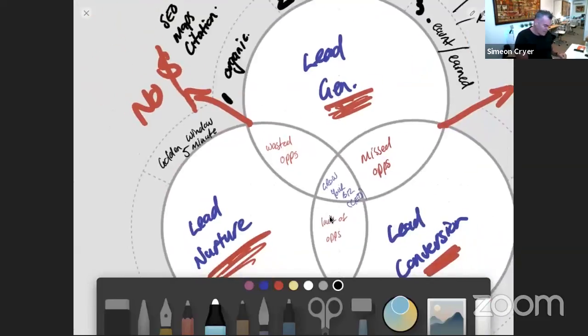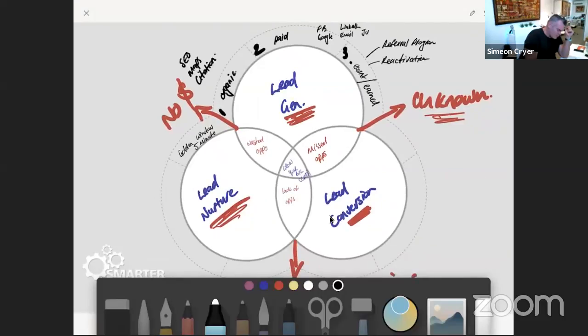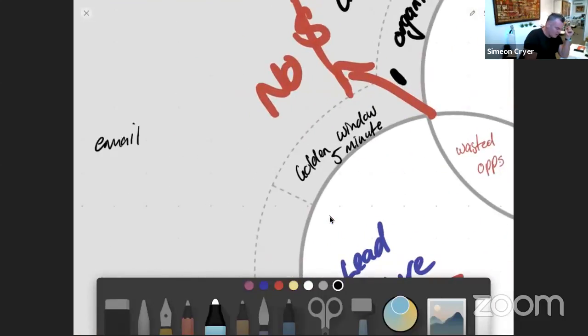And that can be through a number of different ways. It could be by email. It could be by SMS. It could be by automated voicemail, which I think is pretty cool and very sexy. And I'll show you how this can all work for you. It could be all three working in concert together in that 5-minute window where a lead comes in.